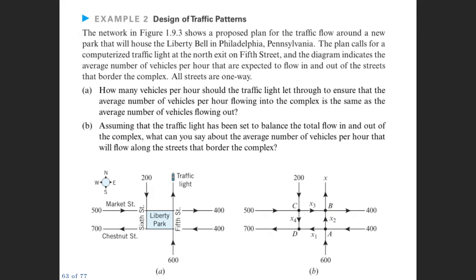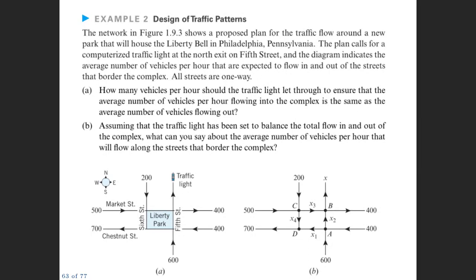Or another example, one I've taken from a textbook. Let's suppose we're looking at a traffic system and we're asked to create a computerized traffic light on this road network. And we need the traffic light to let the correct number of vehicles through so that the average number of vehicles per hour flowing into this road network is the same as the average number of vehicles flowing out of this road network.